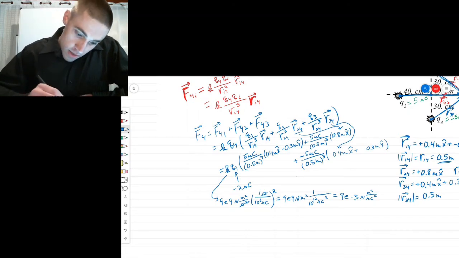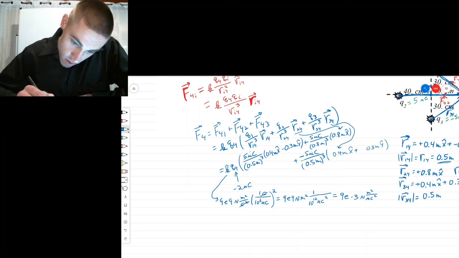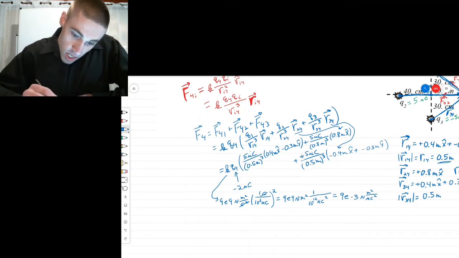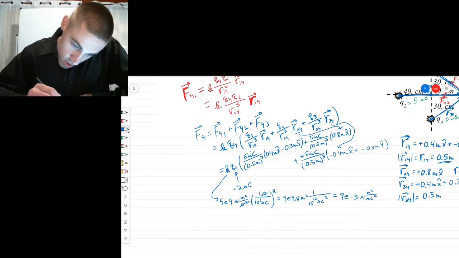Well, one thing is, this 5 microcoulomb factor that shows up here and here and here is common to all of these terms, or at least I can distribute this minus through here, and then it's common to all of these terms. So that's helpful, especially when you notice that this common factor here is the same common factor as the one there, and this x term here is totally opposite between these two terms, so that cancels out.